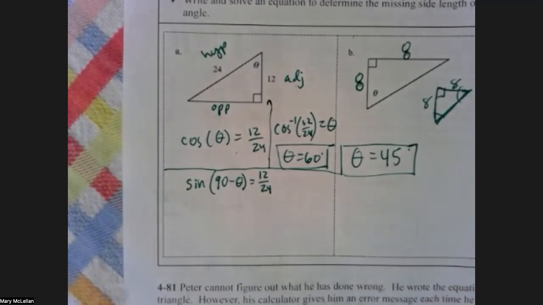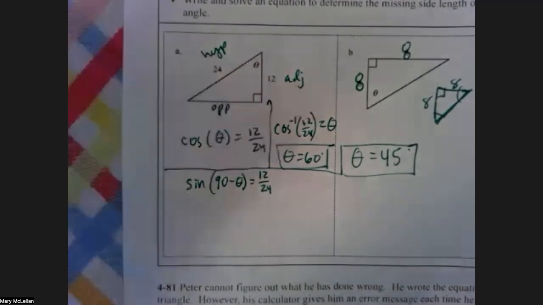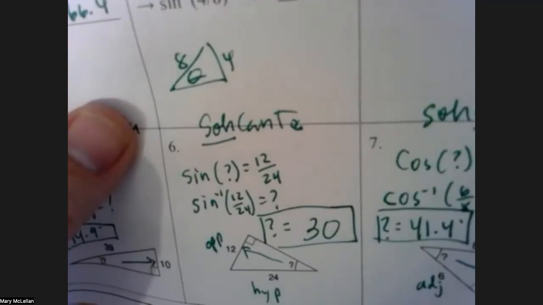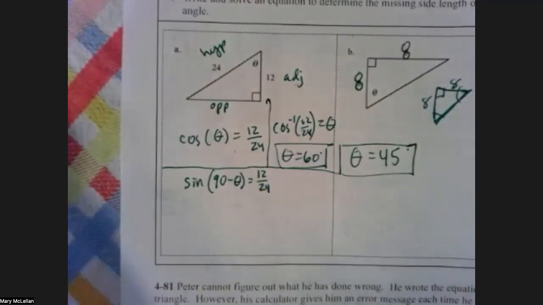Now, from my previous problem, I had 2 examples where I found out that the inverse sine of 1/2 equals 30 degrees. That was 2 and 6 from the previous page. And here I'm going to get that again.